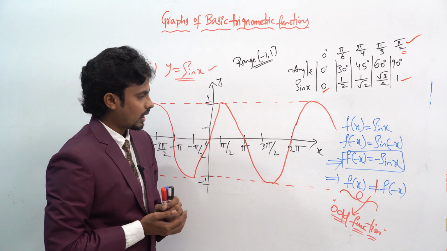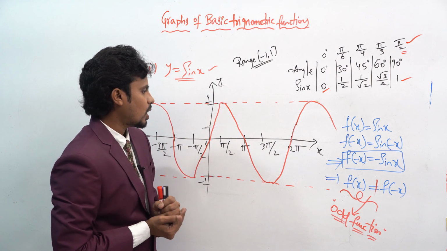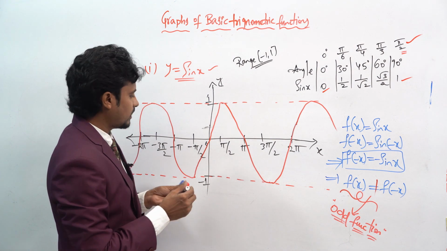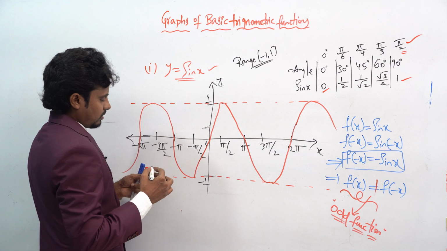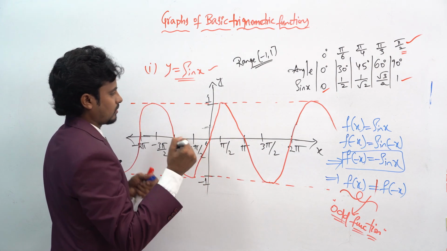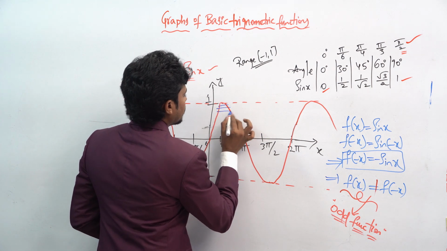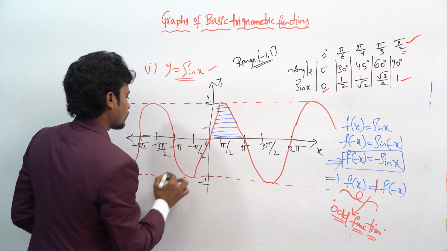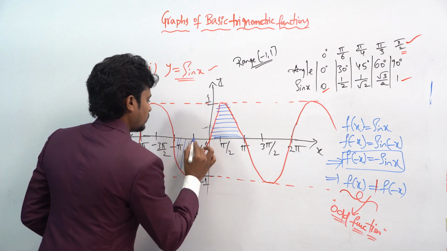Okay, by seeing the plot also we can tell this. Here you can see this is the positive area, right? Okay, this will be the negative area.